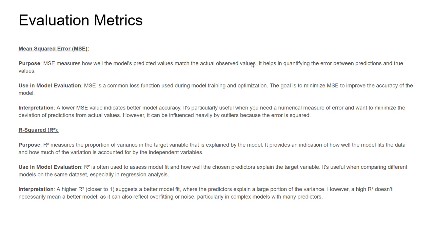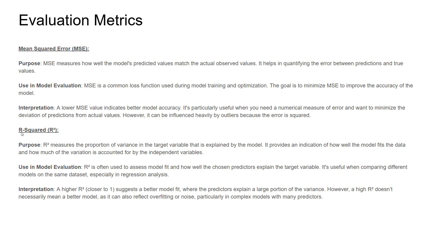If the model predicted 900,000, the difference is 100,000. So that's the residual or the loss. A lower mean squared error means better accuracy. That is one of the metrics we're going to use to evaluate the model performance.